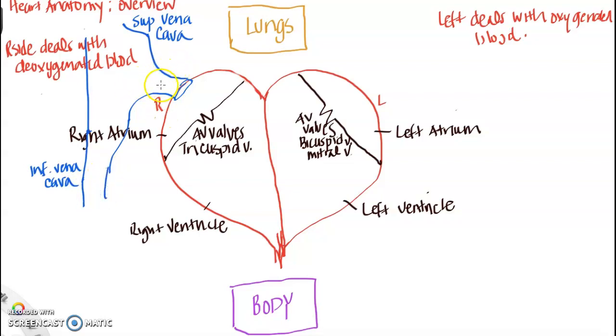And this blood is deoxygenated. It's blood that's already been through the body and everything's been taken out of it, and it gets dumped into the right atrium.